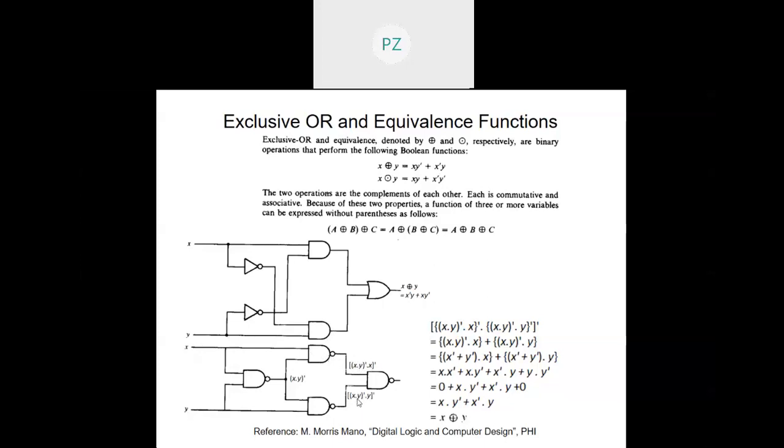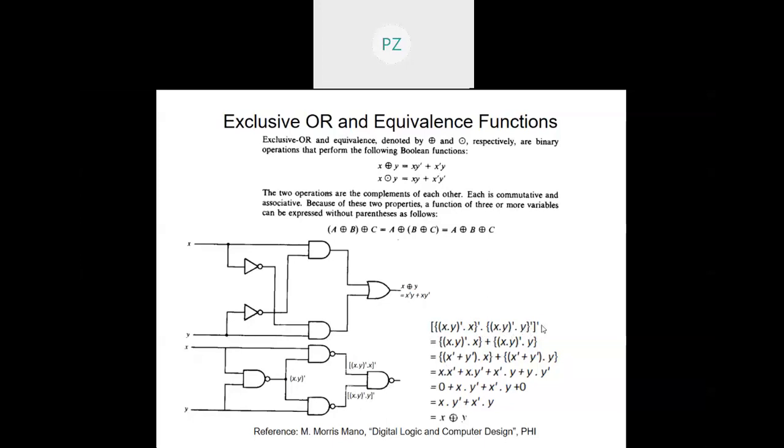Whereas on this side it will be ((x.y)' . y)'. So what do I get here now? That I've analyzed here. Basically, ((x.y)' . x)' . ((x.y)' . y)', right?